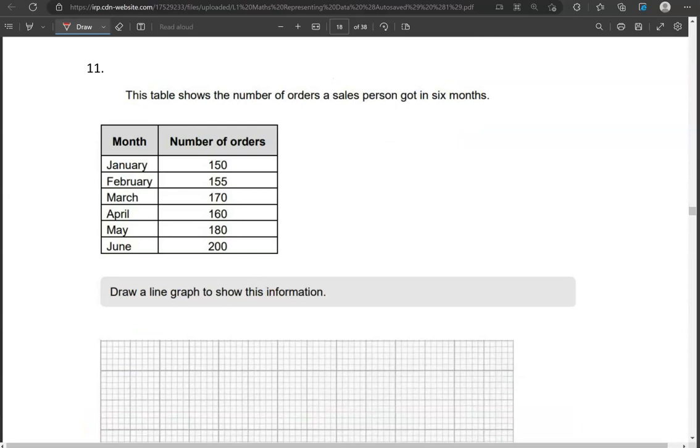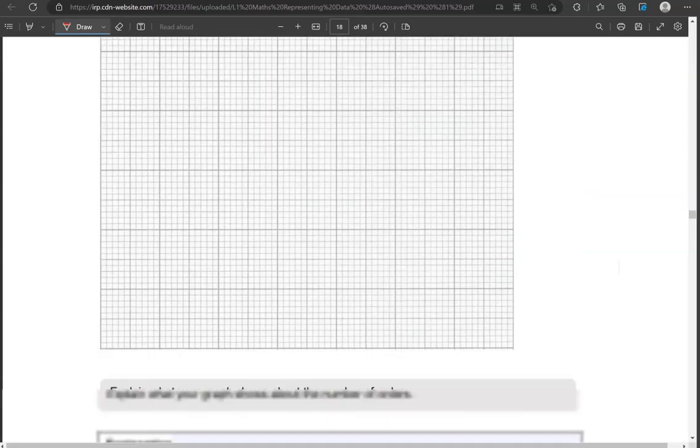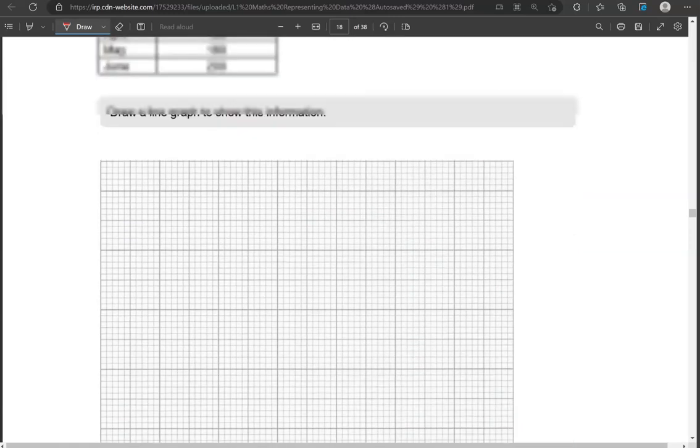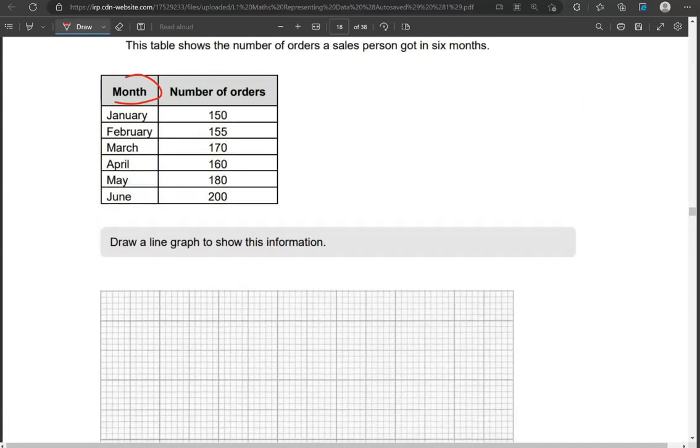This table shows the number of orders a salesperson got in 6 months. Draw a line graph to show this information. Okay, so horizontally we'll show the months from January to June.